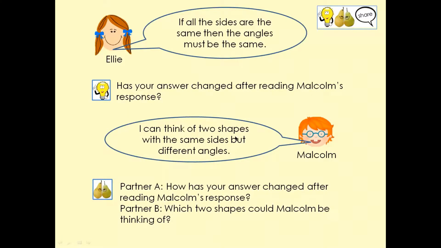If you look at 2 shapes, you can look at the examples of a rectangle and a parallelogram, or a square and a rhombus. In these 2 examples the sides are going to remain the same, but the angles are going to be different.